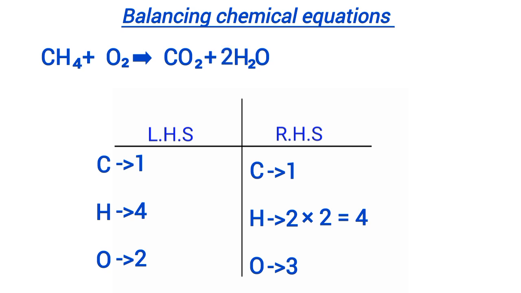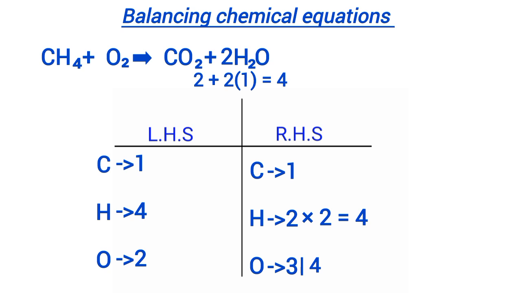Now, let's move to oxygen. On the left-hand side of the equation, we still have 2 oxygen. But on the right-hand side of the equation, do we still have 3 oxygen? No, we don't. Here we have 2 oxygen, and here we have 2 times 1, which is 2 oxygen. Adding 2 to 2, we have 4. So we have a total of 4 oxygen on the right-hand side.